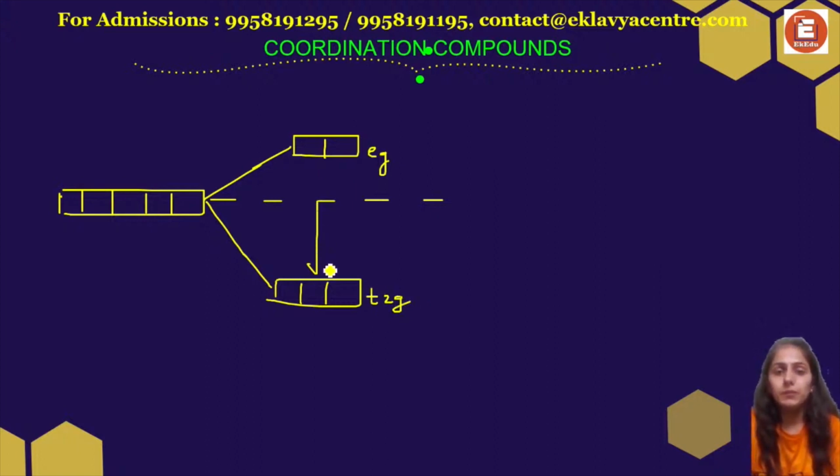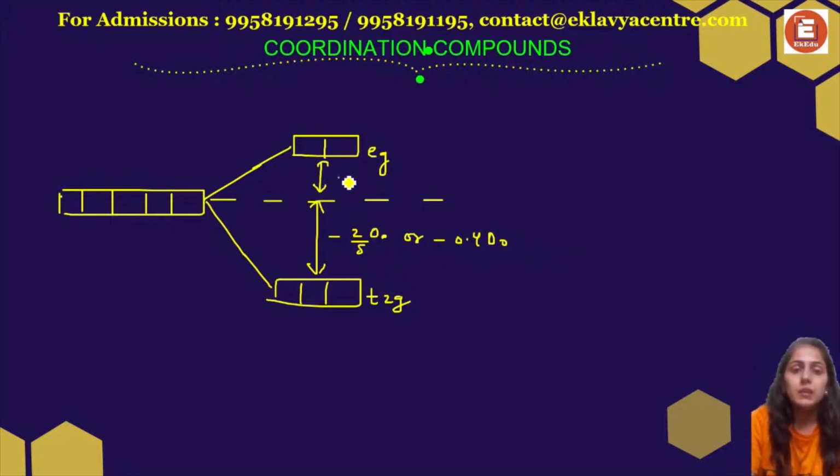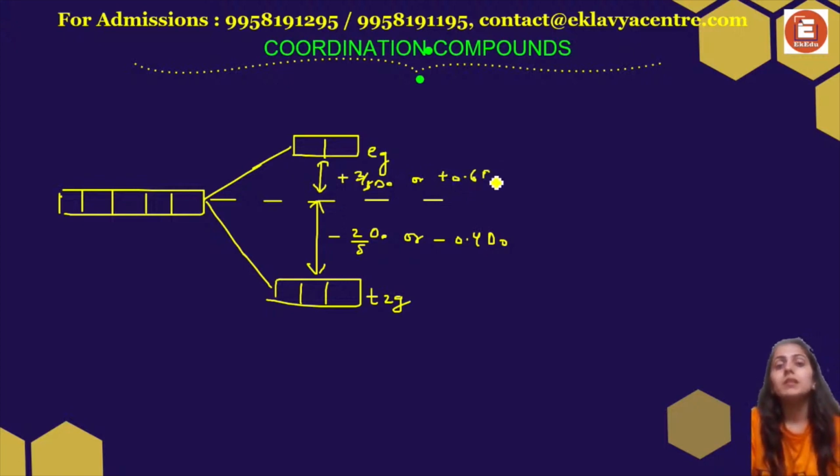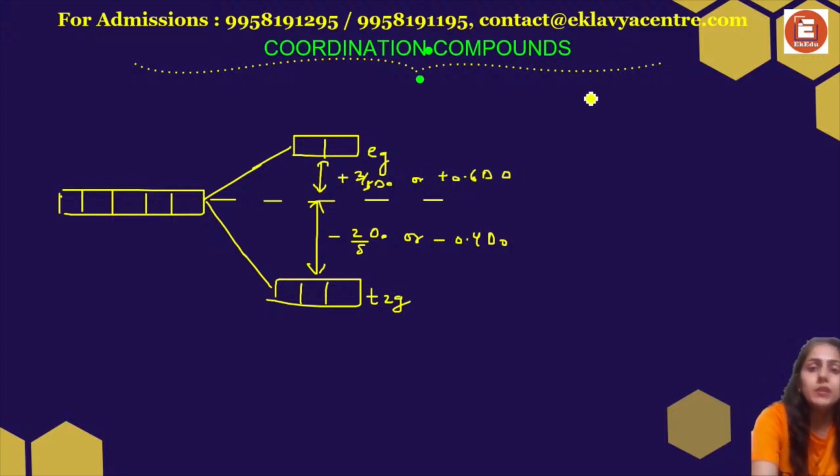This gap, its value is minus 2 by 5 delta O or minus 0.4 delta O, whatever you want to learn. And this one's value is plus 3 by 5 delta O or plus 0.6 delta O. So how to calculate the value of CFSE?